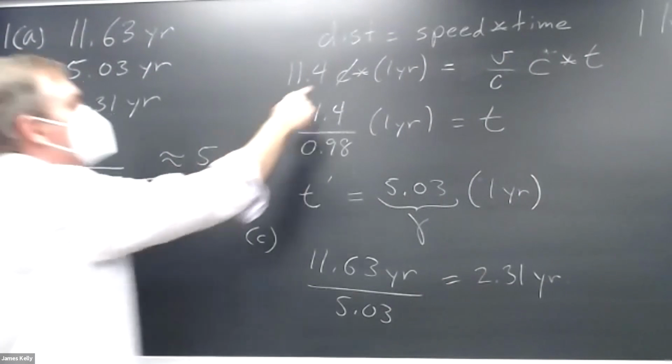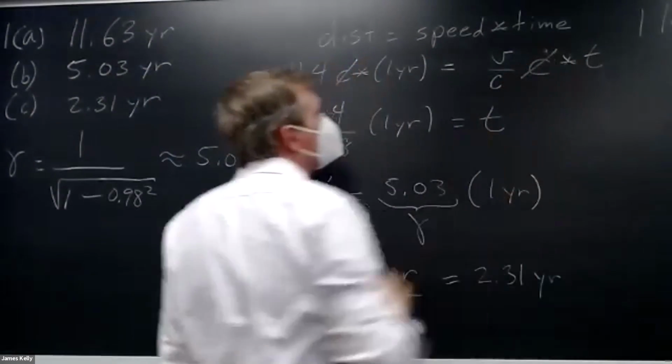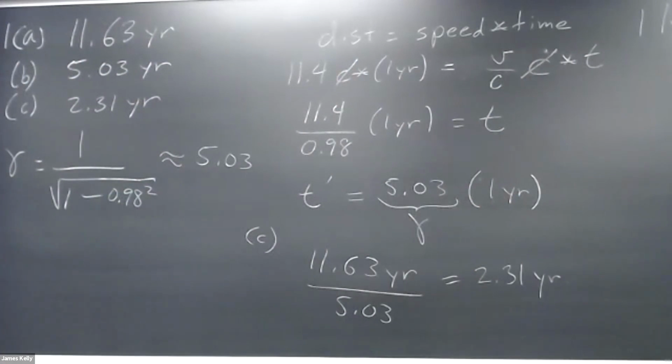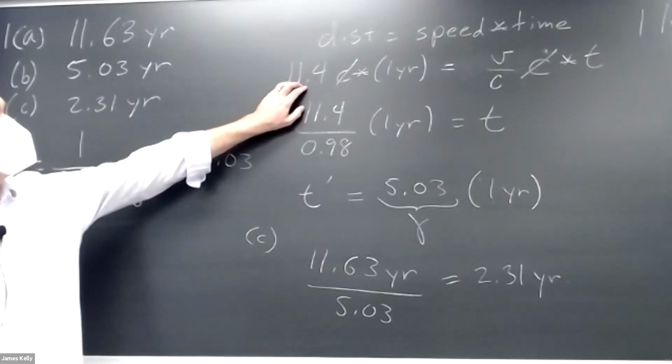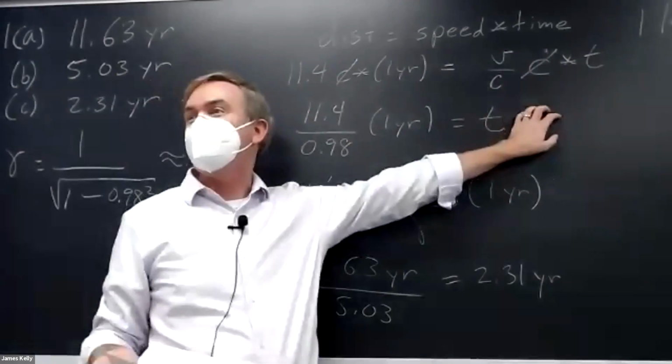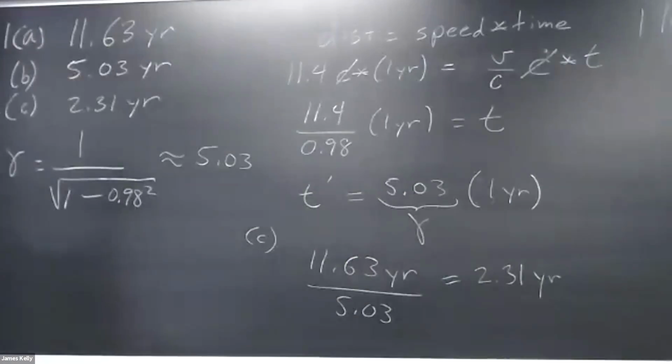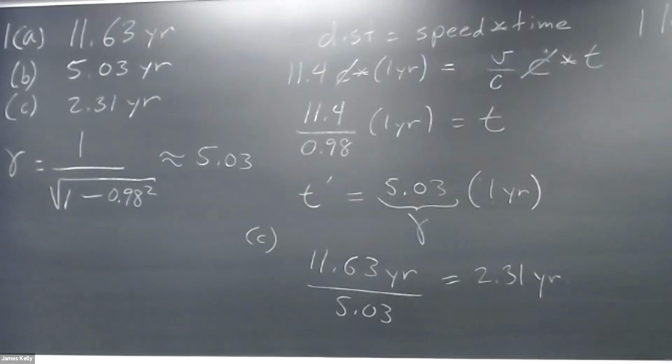That way I can still cancel out this common factor of c. But I have an unknown v that I've got to put in there. Exactly how much time the Earthlings say it takes the spaceship to get to Procyon depends on how fast it's going, of course. There's nothing particularly relativistic about that formula.